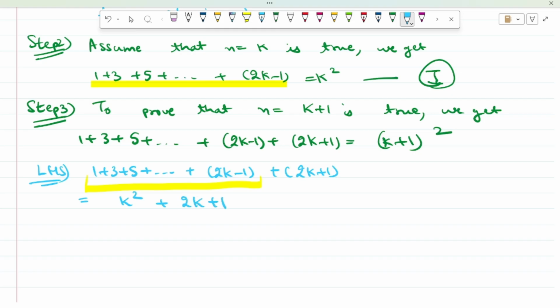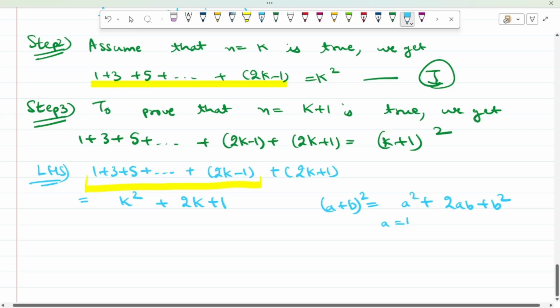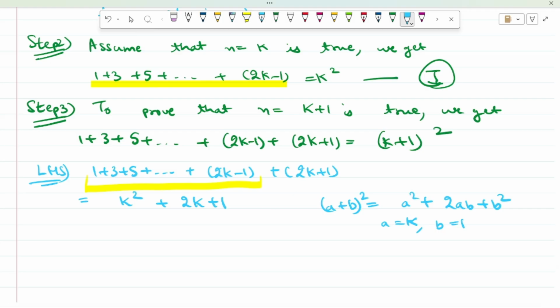Either you can do middle term splitting, but as I can see that it's a plus b to the power of 2, I'm able to identify that. So it's a square plus 2ab plus b square. Here you can take a as k and b as 1, or the other way around is also fine.